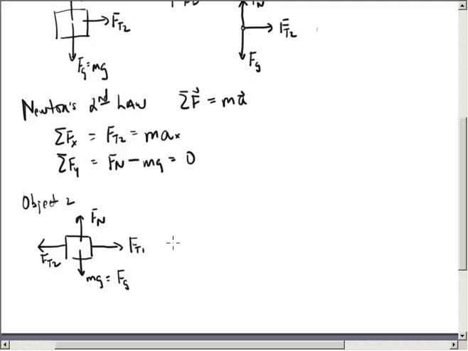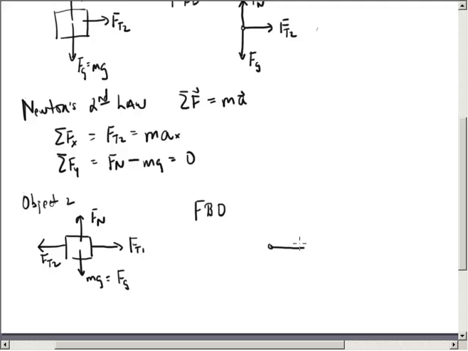Now go ahead and draw your free body diagram for object 2. Pause the video, give yourself a chance to draw it. Okay, what is the free body diagram? We represent the object as a particle.